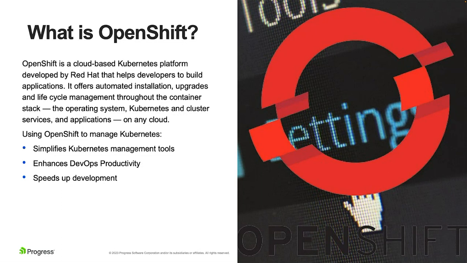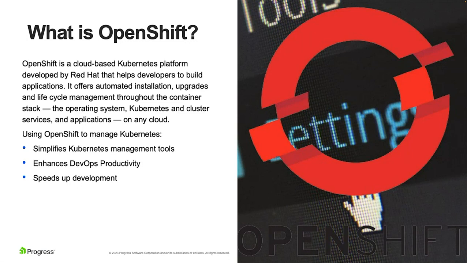As mentioned in the slide, OpenShift provides Kubernetes management tools to manage underlying nodes and control plane. It increases DevOps productivity as it makes deploying and managing Kubernetes easy and quick. OpenShift speeds up development as it cuts down the effort DevOps teams put into managing Kubernetes.